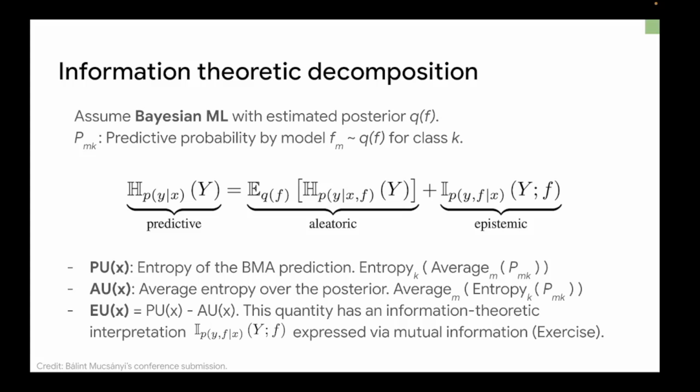And here I'm going to define predictive uncertainty as the entropy of the Bayesian model averaging prediction, which is usual. You just average through all the models, and I'm going to measure the entropy of that.